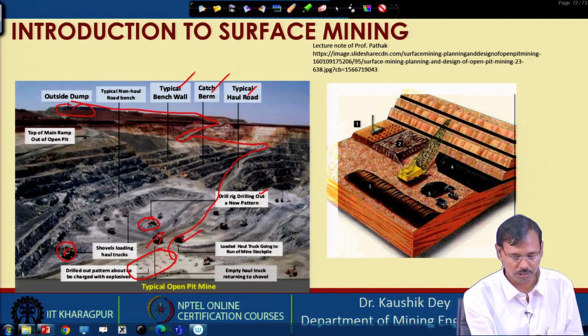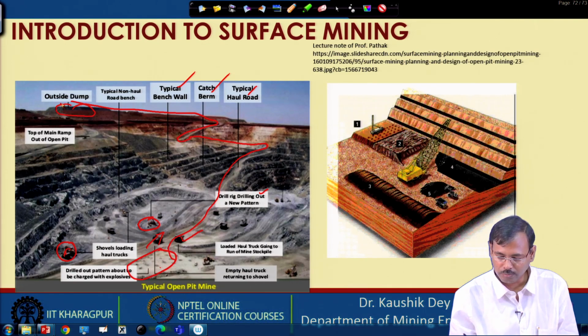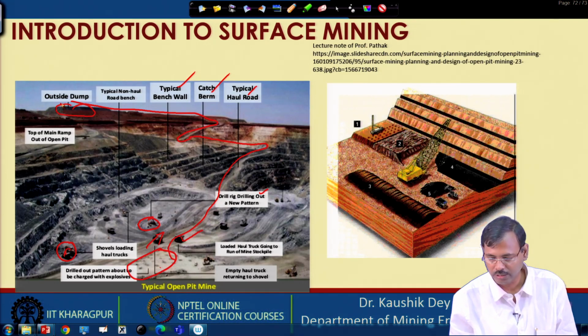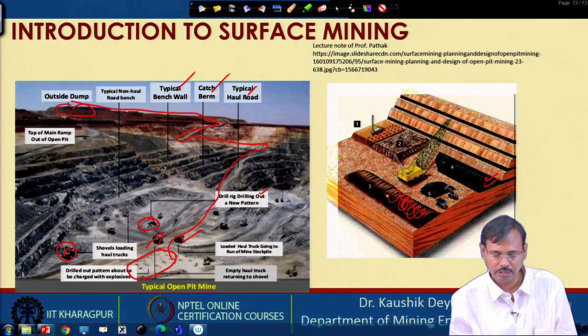After the mining operation, this may be taken and dumped back to fill the void. Sometimes we can return back and fill the void area, especially in the case of coal mines, where you take out the coal and dump the overburden rock back into the decoaled area where the coal is already taken out.